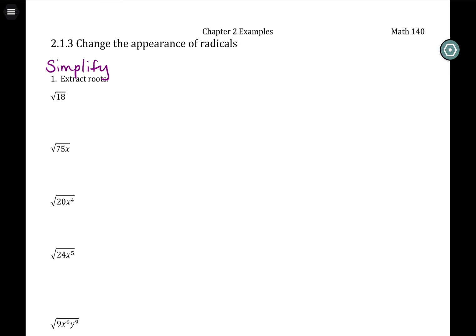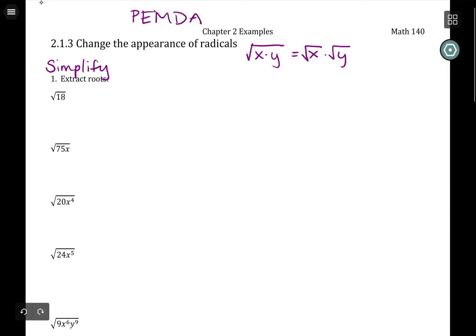So our biggest tool in this section is going to be the fact that the square root distributes across products. So remember, this is kind of like a PEMDAS thing. If you're only one step apart in order of operations, so think of addition, subtraction, multiplication, division being grouped together here.